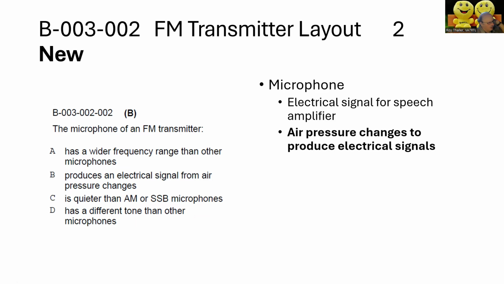The microphone of an FM transmitter, the only one that makes sense here, produces an electrical signal from air pressure changes. Your voice changes the air pressure, and that gets converted into electrical signal. So that's the purpose of a microphone.